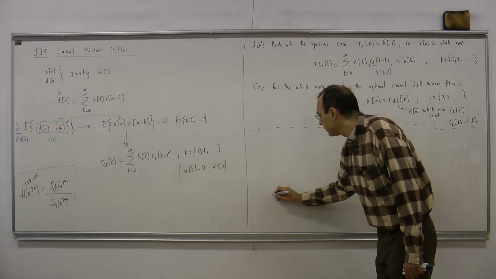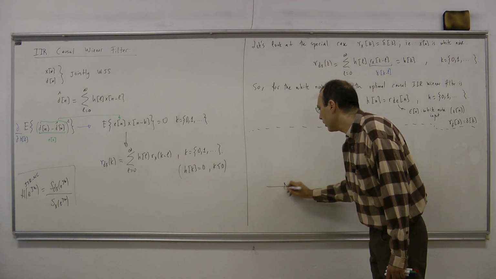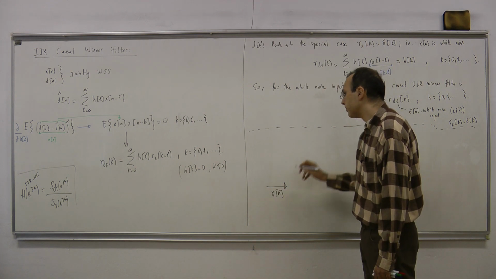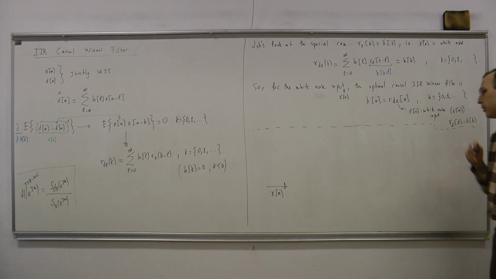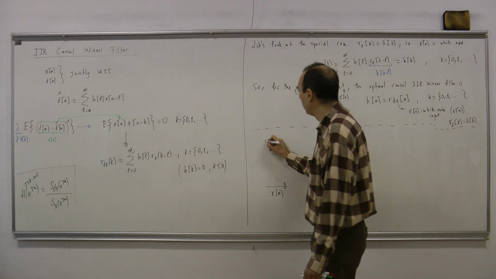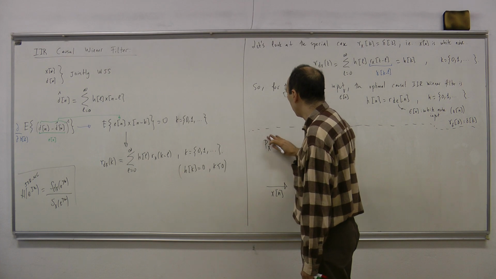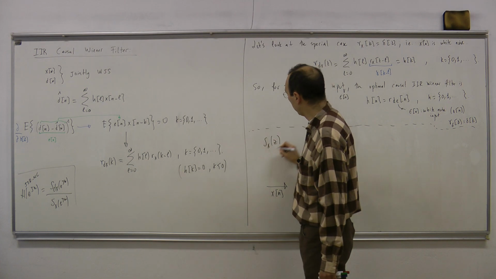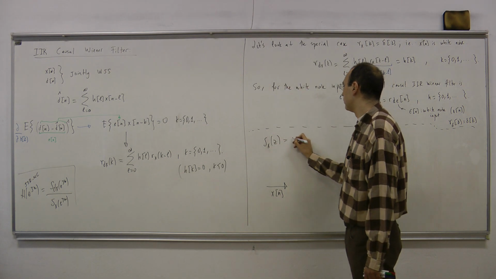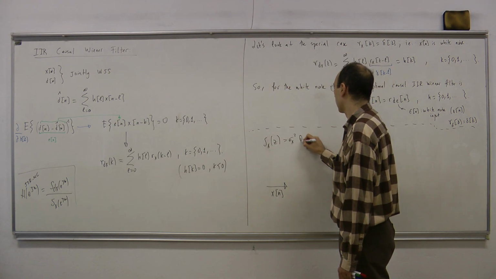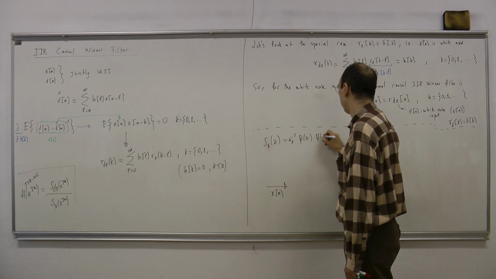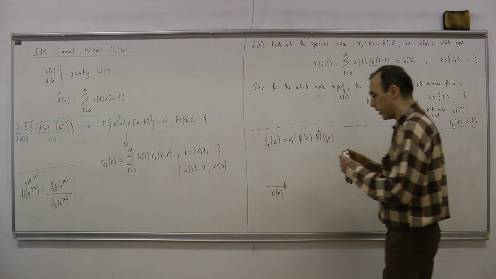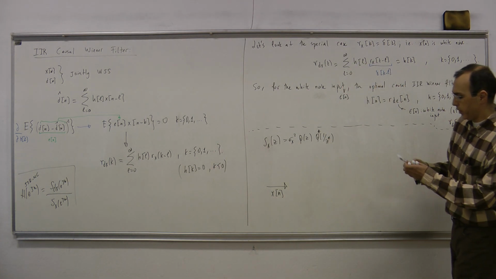So let me have something like this. This is X of n. Then I need this whitening filter. How can I define this whitening filter? Let me write the power spectral density of X, but in the Z domain. We have studied this before in an earlier lecture.